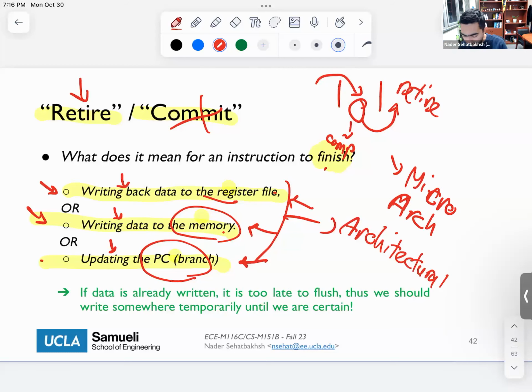For example, all of our registers X0 to X31 are accessible by the assembly code, which is why they are part of the architectural state. Memory and PC are also visible to the assembly, so again they are part of the architectural state. But the internals of your datapath or controller are not visible to the software developer, which is why they are part of the microarchitecture.